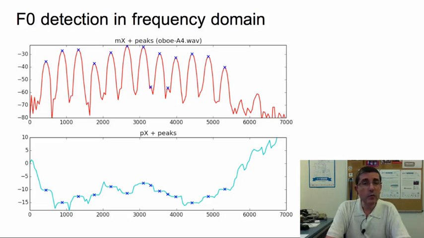But which of these peaks, or maybe some other part of the spectrum, is the fundamental frequency? How can we identify the partials that are harmonic, and then maybe from this information we can identify which of them or which other frequency is the fundamental frequency of these partials?